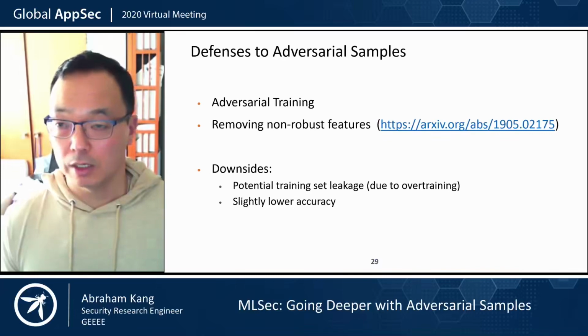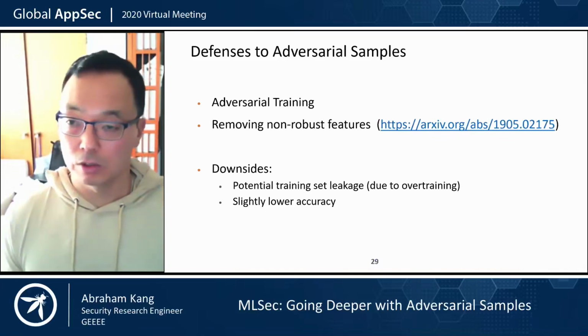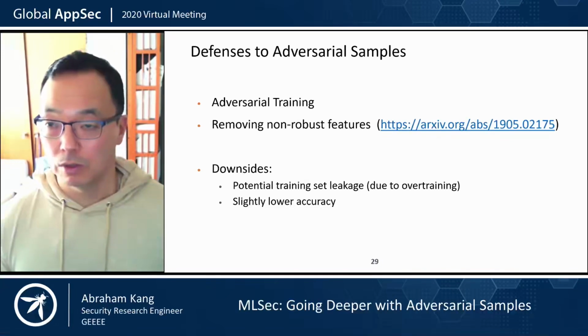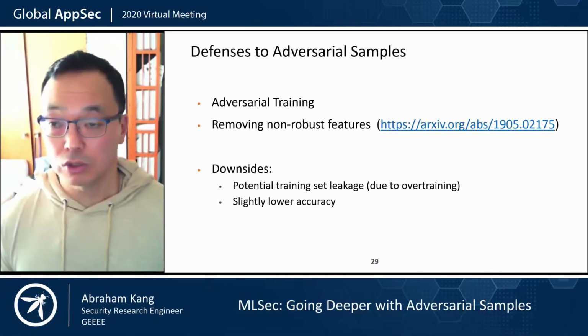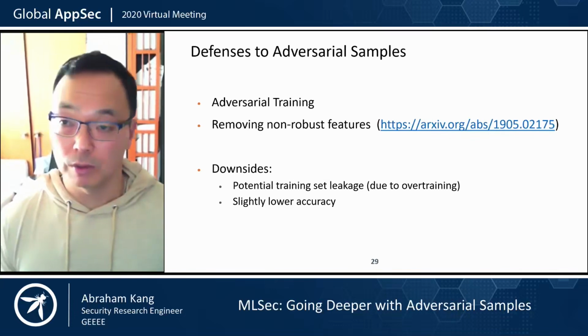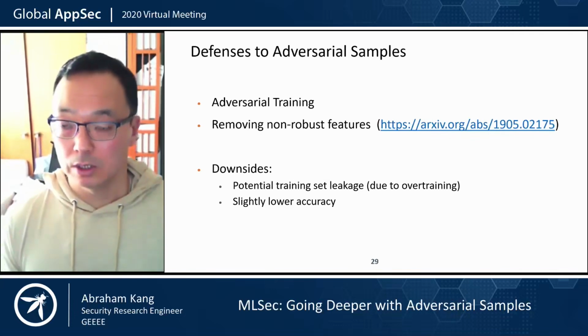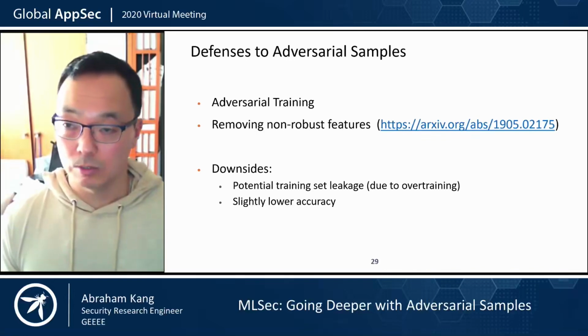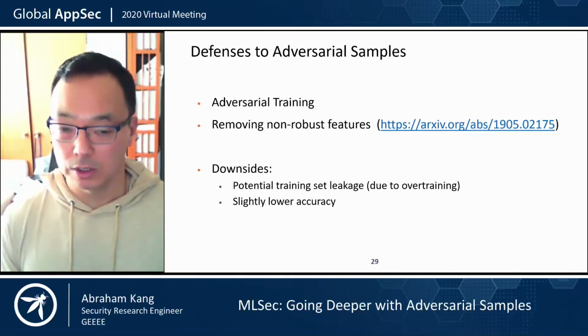And in addition to that, you're going to take a hit in terms of accuracy, because these features that were found were strong indicators, although they weren't visible to us, they were visible to the machine learning model to distinguish between all the different classes.